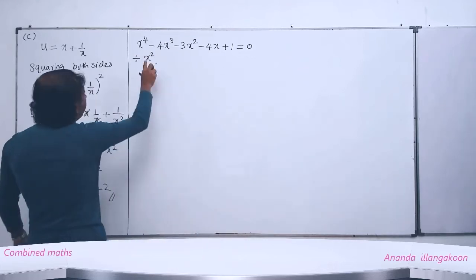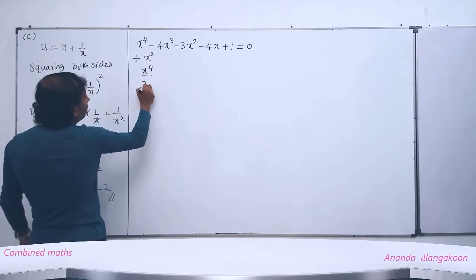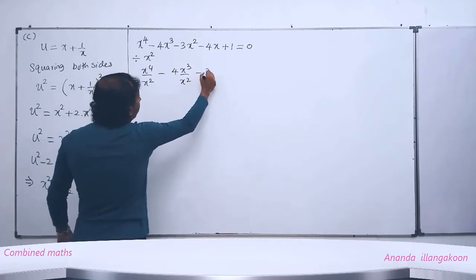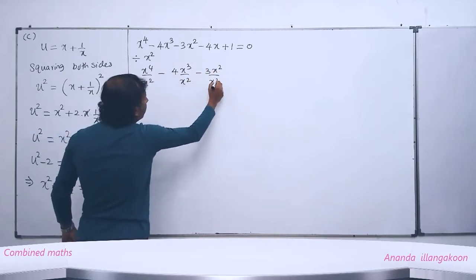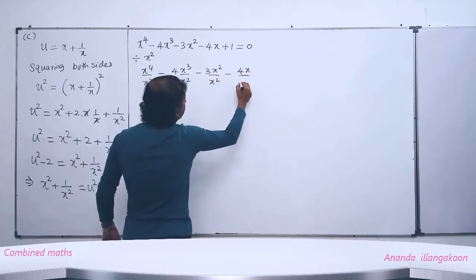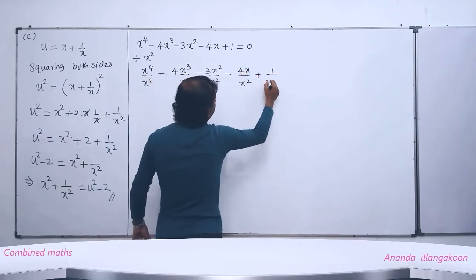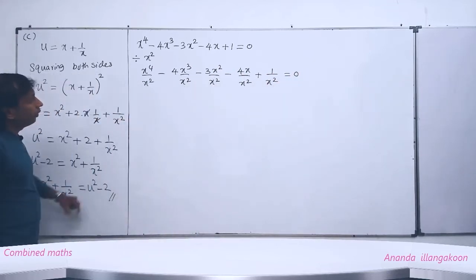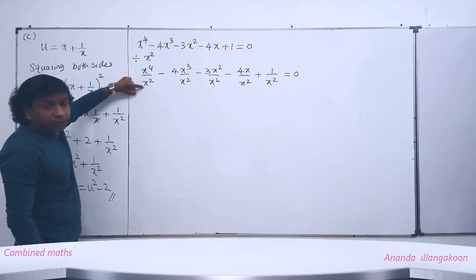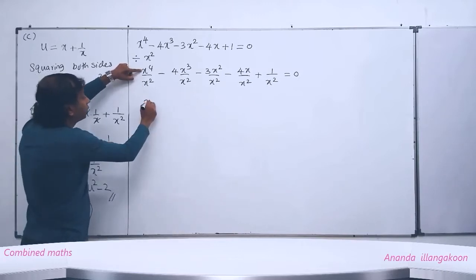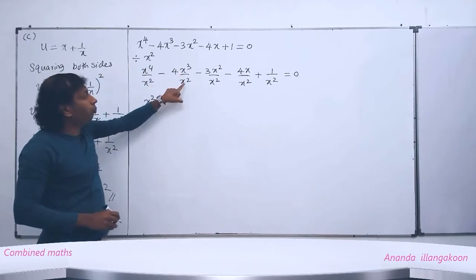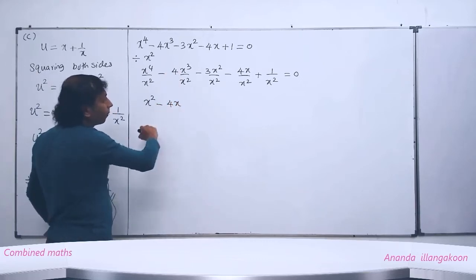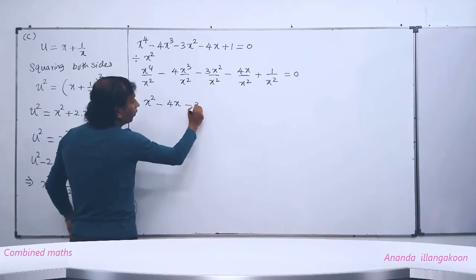Each term on the left hand side we have divided by x squared. x to the power 4 divided by x squared gives x squared. x cubed divided by x squared gives x. x squared and x squared cancel down.